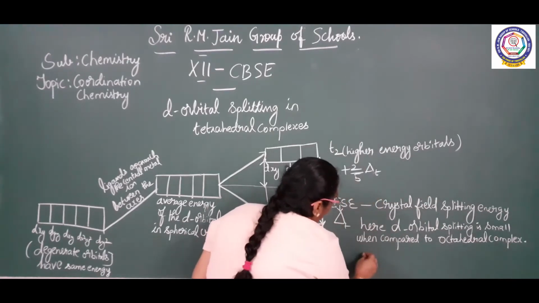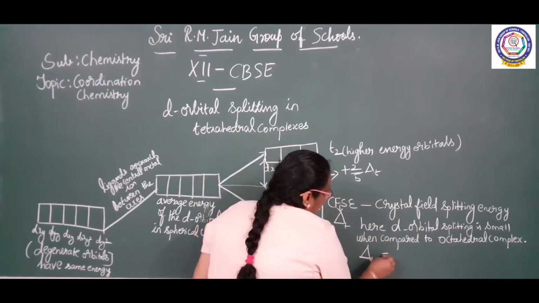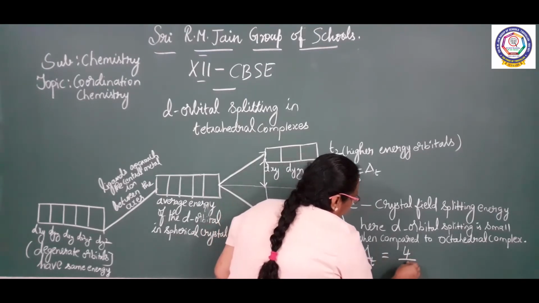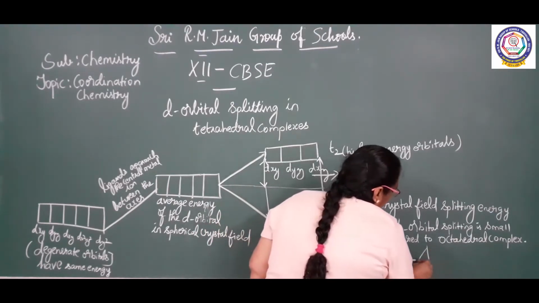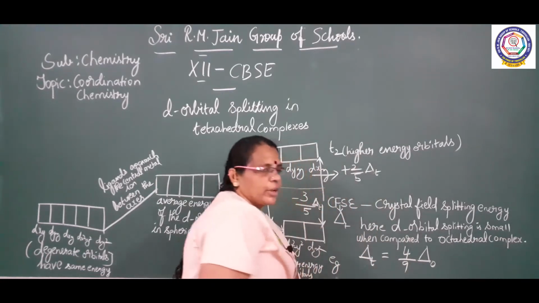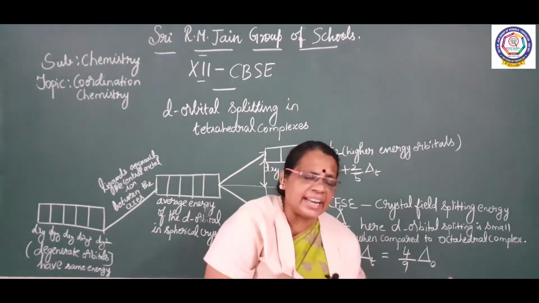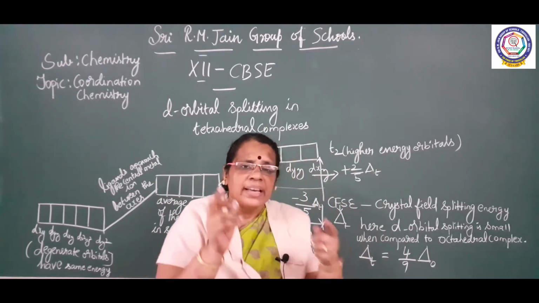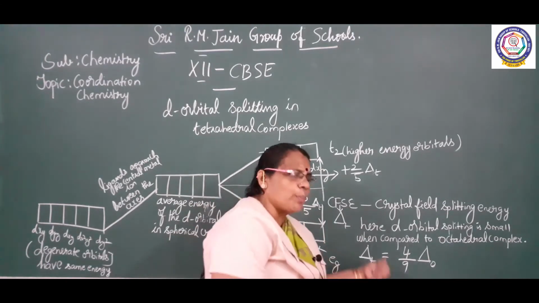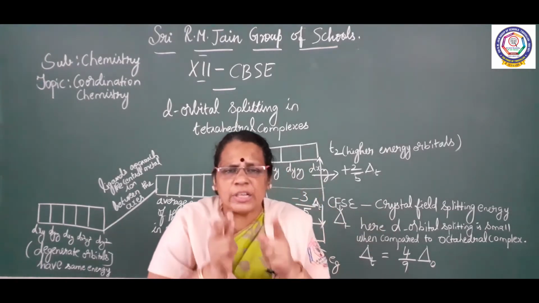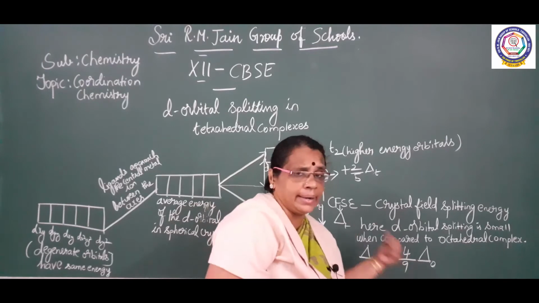And the crystal field splitting energy of the tetrahedral complex is equal to 4 by 9 times the crystal field splitting energy of octahedral complexes.